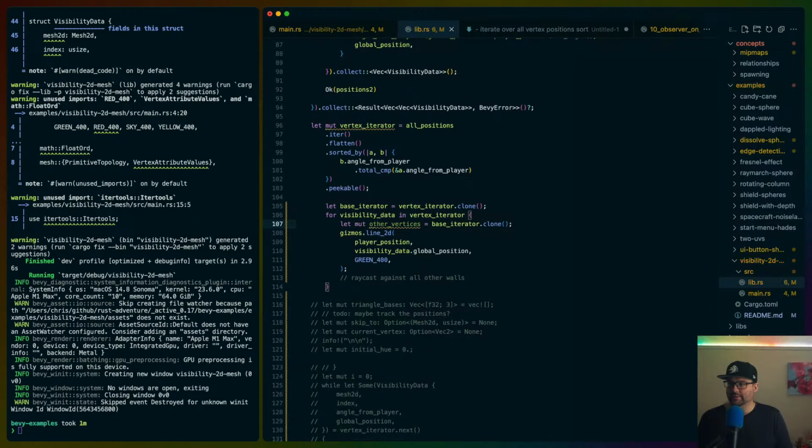So other vertices. We don't need other vertices though. We need all other lines is what we really need, right? So is this even correct? We need to iterate over each mesh, draw lines between them.